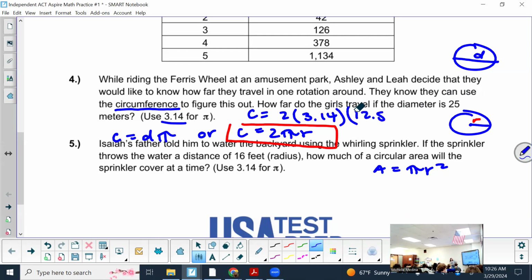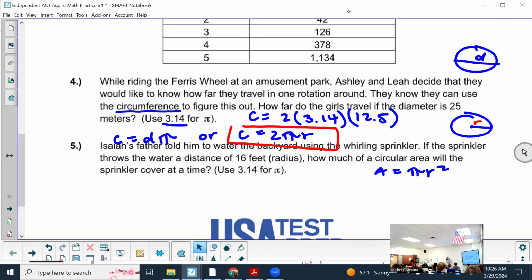Just because I try to remember as few things as possible, I usually go through this motion, but you could remember circumference is diameter times pi. And then the exact answer. But now this is what will give me the answer.